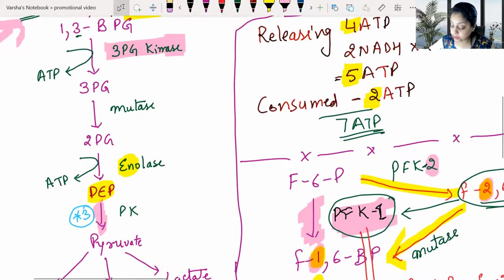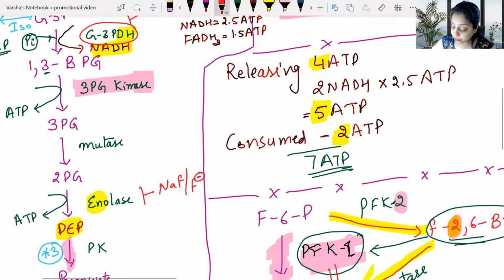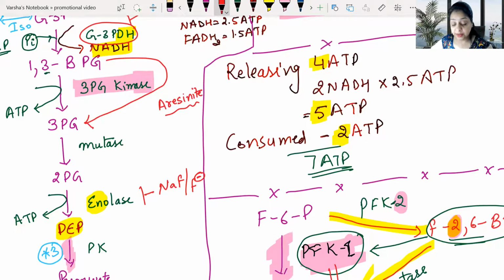And now enolase. Enolase is inhibited by sodium fluoride or fluoroacetate. Sodium fluoride and fluoroacetate halt glycolysis by inhibiting enolase enzyme. Another very important question from recall, right? And now, if a person is exposed to arsenite, then 1,3-BPG is converted into 3-PG directly.